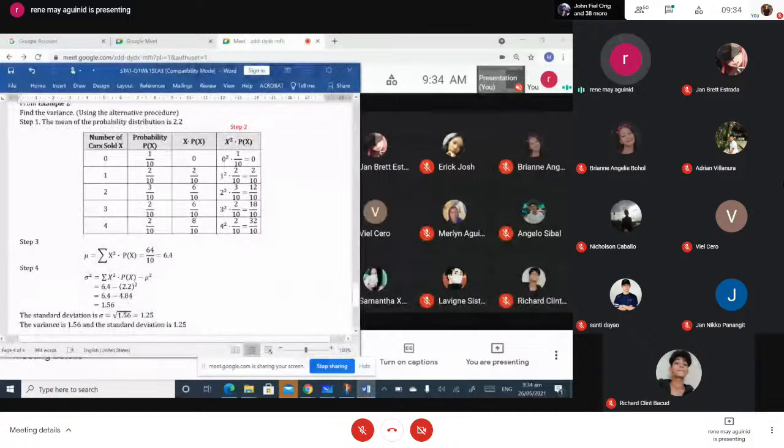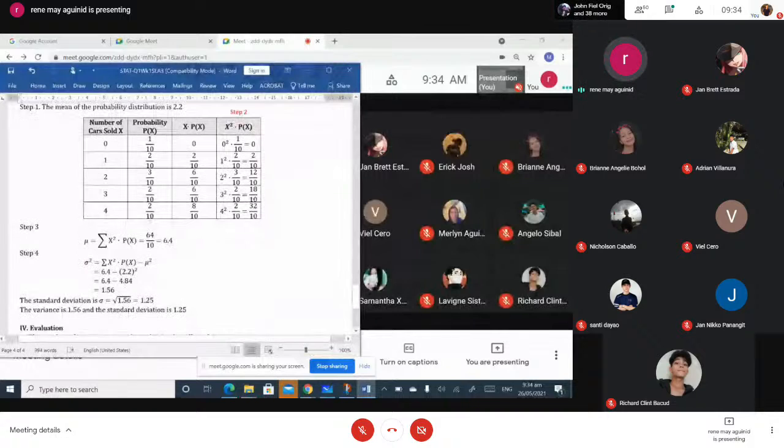Okay. So from 6.4, the total here, you now have 6.4 minus the 2.2 squared. Where does the p of x come from? Isn't 2.2 our total earlier?